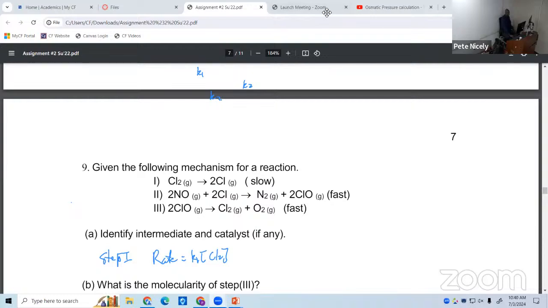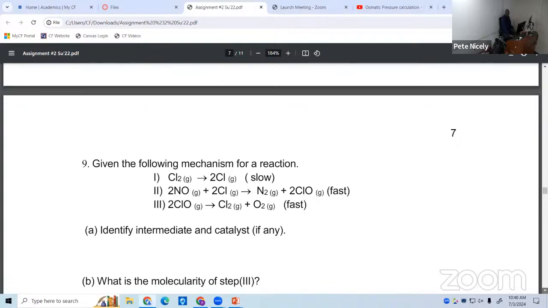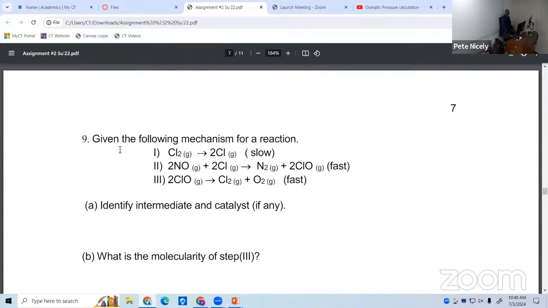Let me clear this. Let me keep this here because one thing you need to remember is that whenever you have a mechanism for the reaction, when you add up all the equations for the mechanism, it should add up to the overall equation for the reaction. So basically what you need to do is add all of these equations.